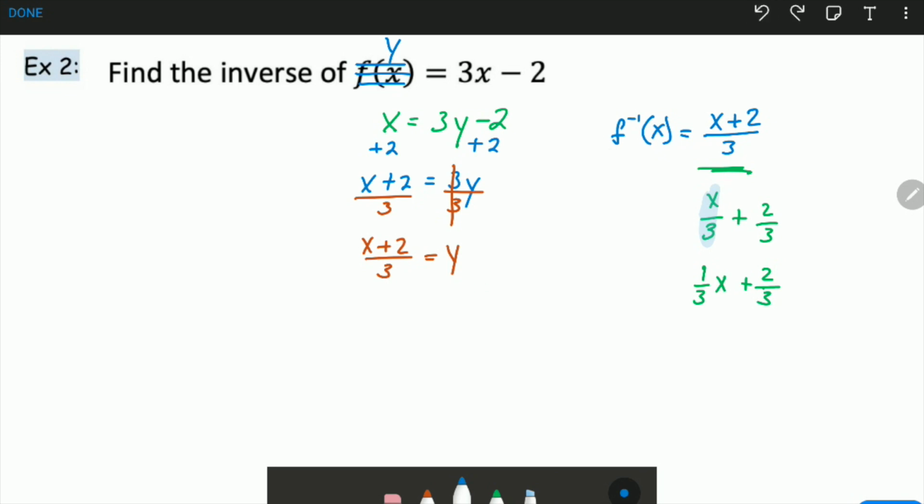So there are many different ways of representing the final answer. It just depends on what you're asked. In some cases, breaking it up like this is nice, especially if you can reduce this fraction. We can't in this case, so we'll just leave it as is. But any of these versions would work.